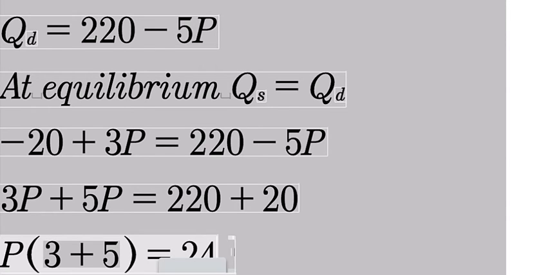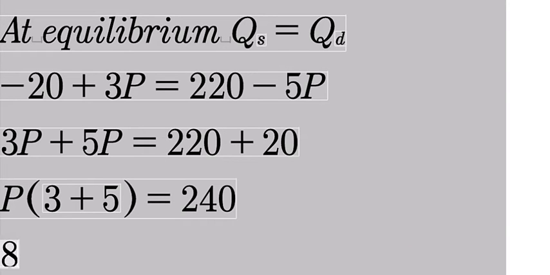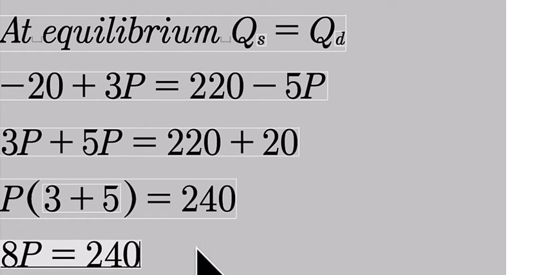The summation of 3 plus 5 is 8, and 8 times P gives 8P, equal to 240. So we divide through by 8. 8P over 8, the 8s cancel out, and 240 divided by 8 gives 30.